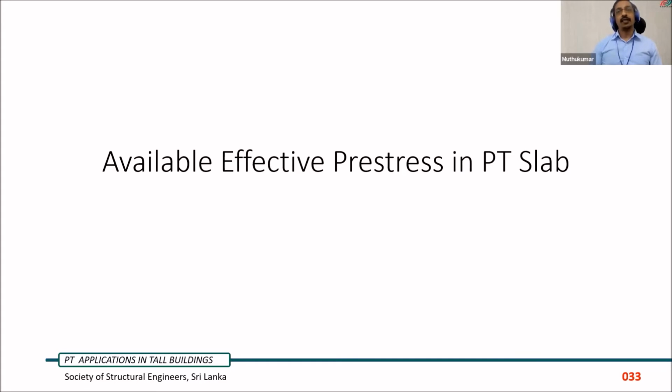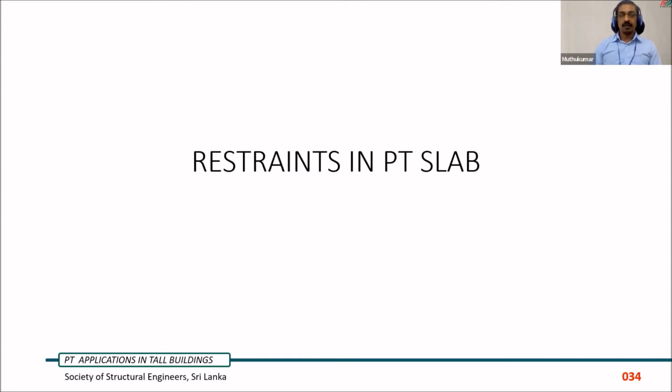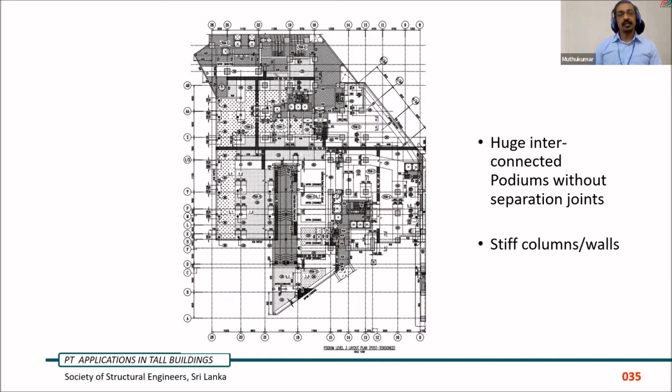Now, while we are designing the pre-stressed floor, we assume some effective pre-stress after all losses in our analysis. But in practice, we come across high-rise buildings with a lot of podiums with multiple levels. So basically it is interconnected with huge columns, and huge podiums form a basic part of a PT floor system in a high-rise building.